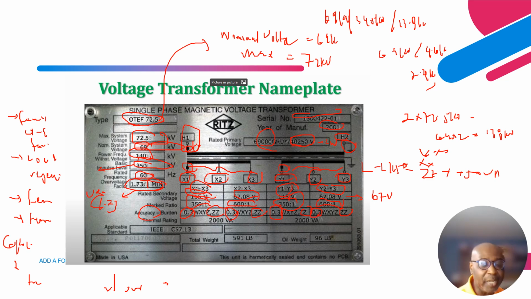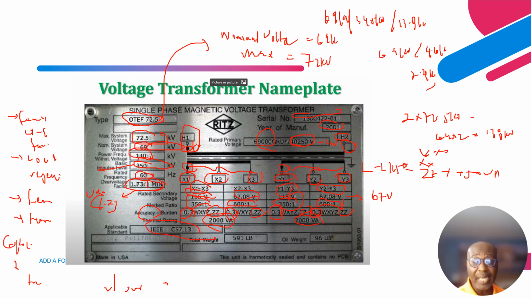Next is the thermal burden, right? Thermal burden is basically when you go over in operating during emergency conditions, it's going to lead to heating, etc. So that is how much thermal burden rating we should not exceed. Okay, and the applicable standard in designing and manufacturing.